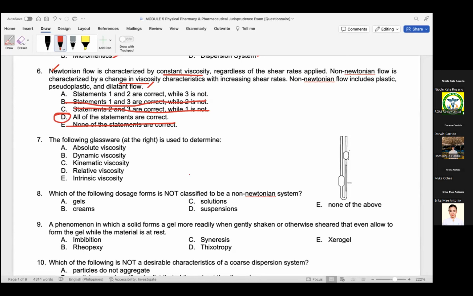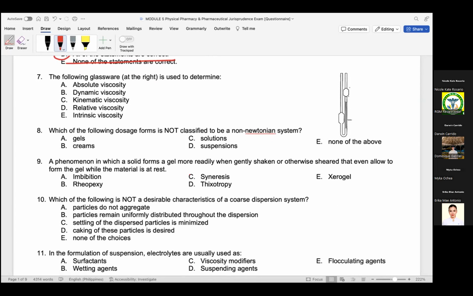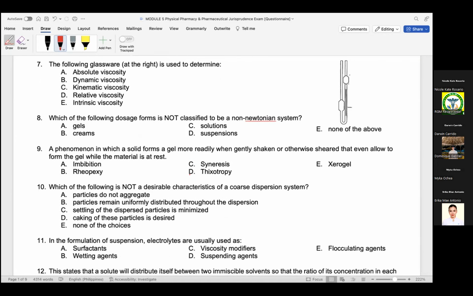Number 6, letter D. Next, the following glassware at the right is used to determine A, absolute viscosity, B, dynamic viscosity, C, kinematic viscosity, D, relative viscosity, or E, intrinsic viscosity. The correct answer here is, since this is a capillary viscometer, specifically Ostwald viscometer, relative ang kanilang viscosity characteristics or viscosity value.